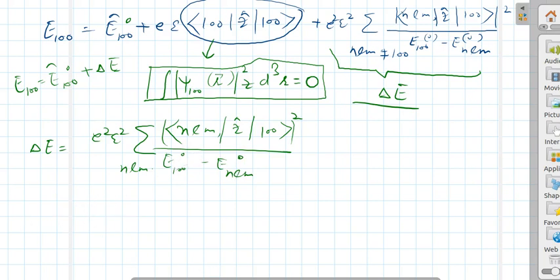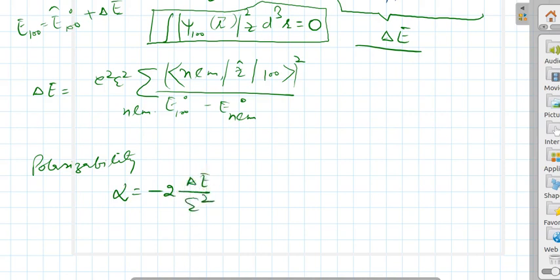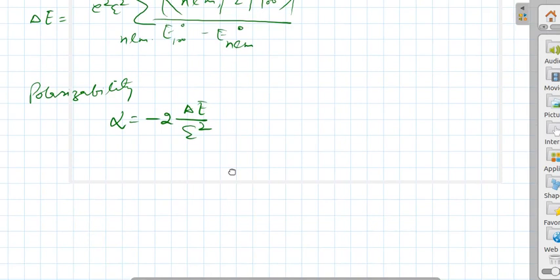In terms of this energy shift, let us define the polarizability. It can be written as minus 2 delta E upon epsilon square. Let me put all these values here.